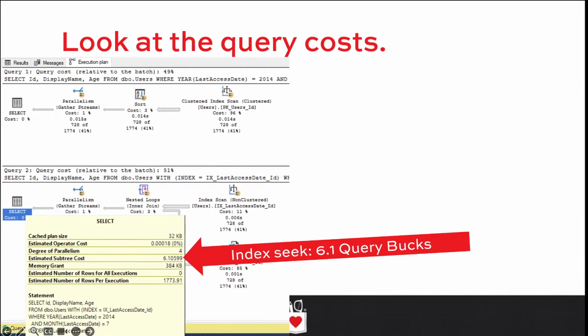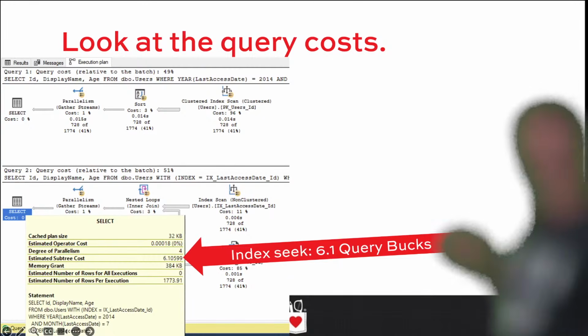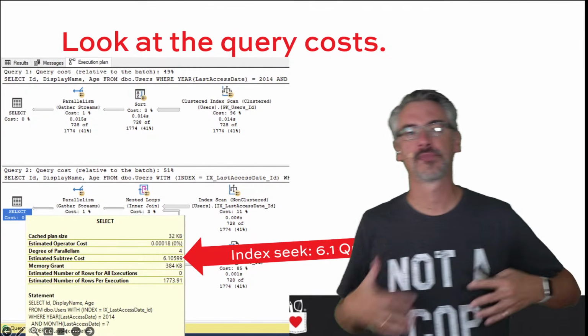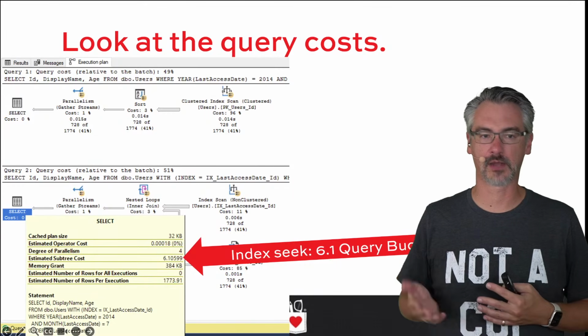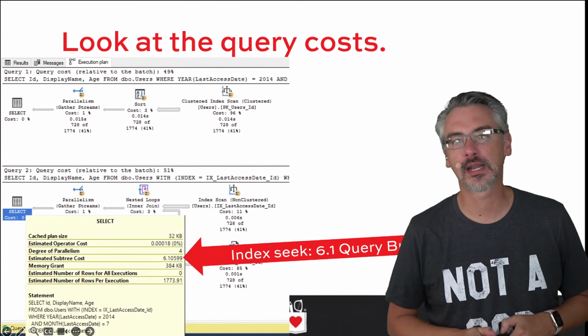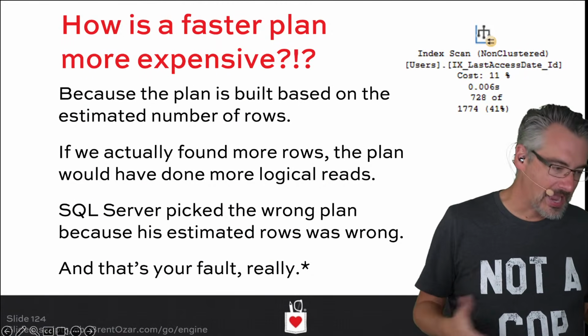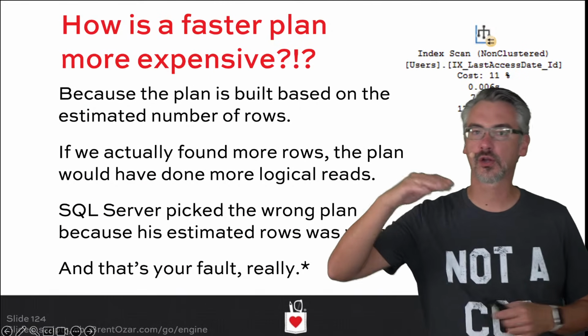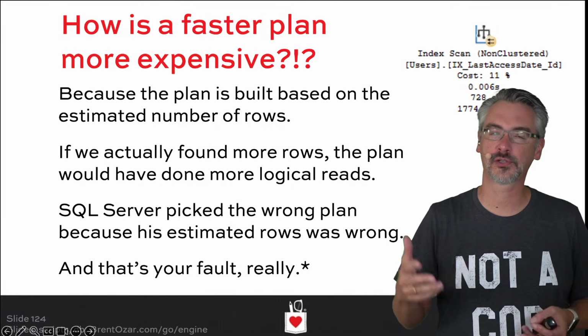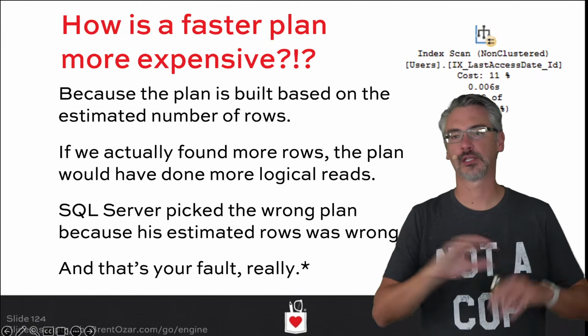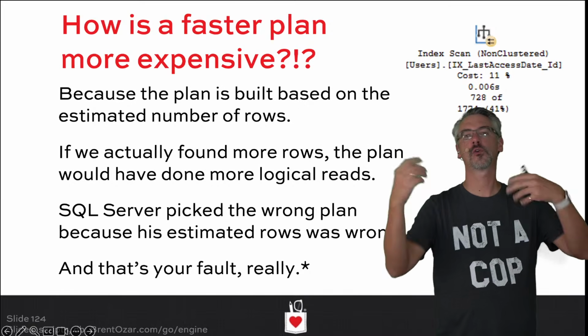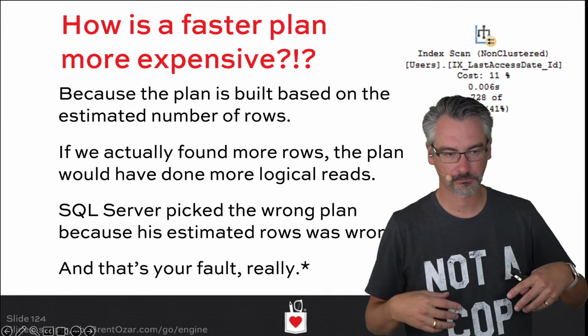The number of rows that come back from our index seek might vary. It might be higher. And if it's higher, like SQL Server overestimated how many rows were going to come back, that's why it ended up with that higher estimated query cost. Yeah, it sounds weird that a higher cost query would actually go faster, but remember that the estimate is only from before the query starts.